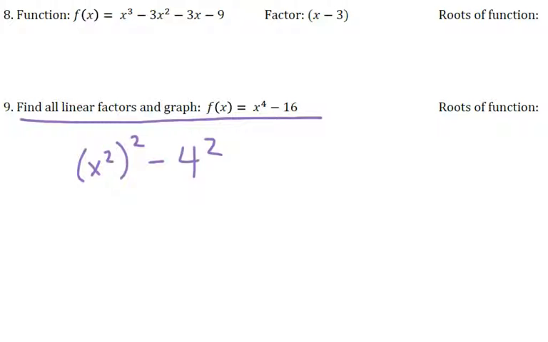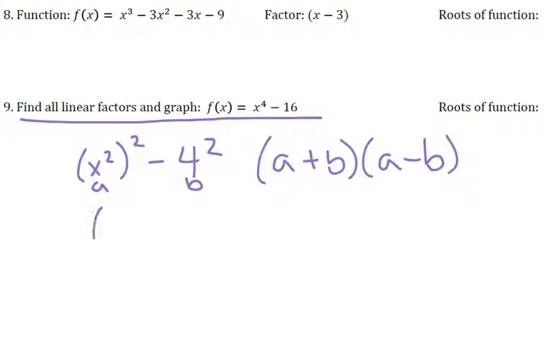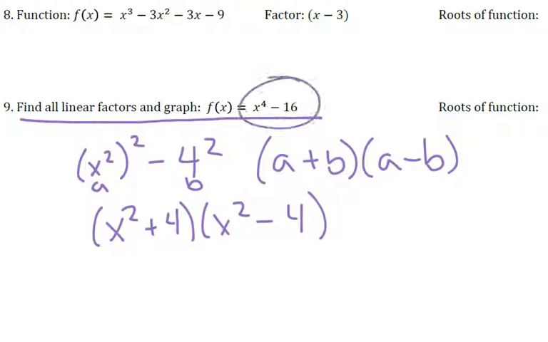If we called this A and this B, it'd be A plus B times A minus B. In other words, if we went x squared plus 4 times x squared minus 4, that would get us our factors. If we multiplied that back out, we'd end up getting to that.